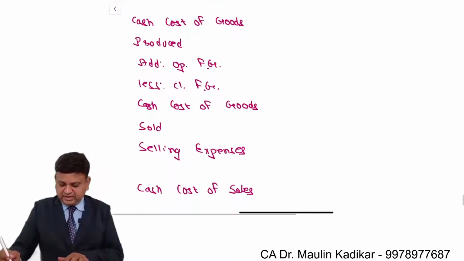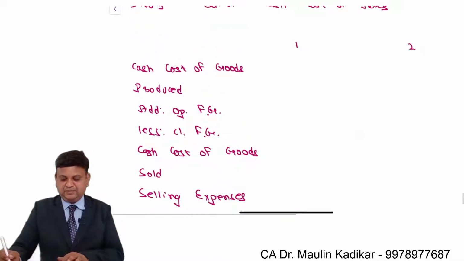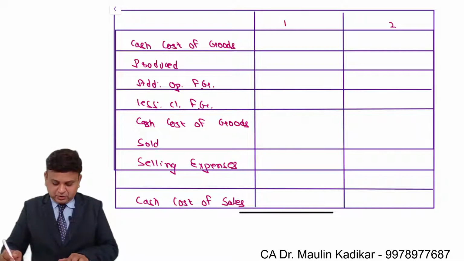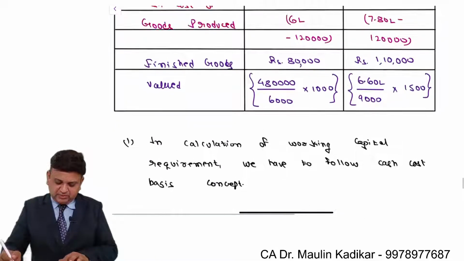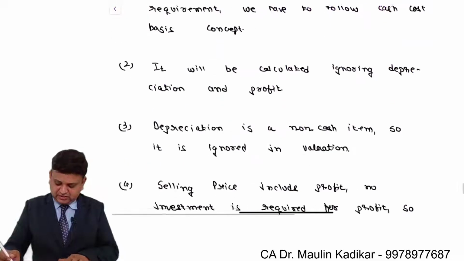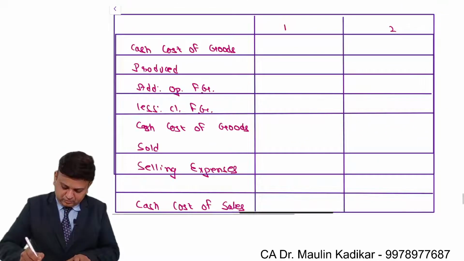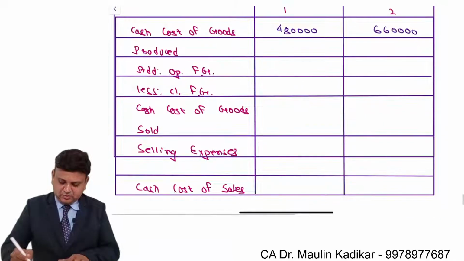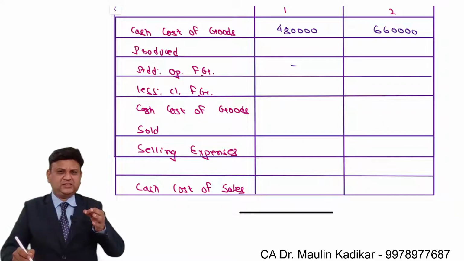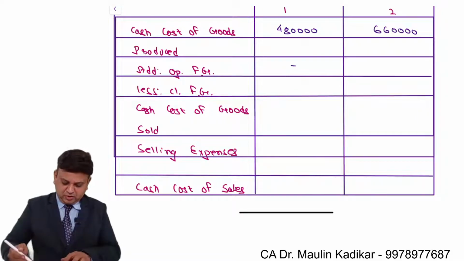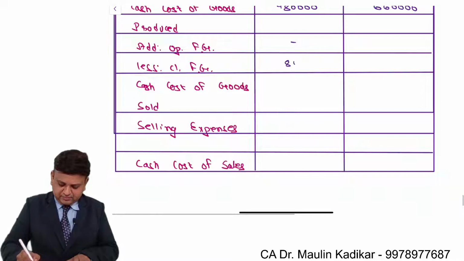For the first year as well as for the second year, please take down this. The cash cost of the goods produced has already been found by us. It is 4,80,000 and 6,60,000. Opening finished goods for year 1 is 0. So 480 divided by 6 into 1, closing stock is 80,000.